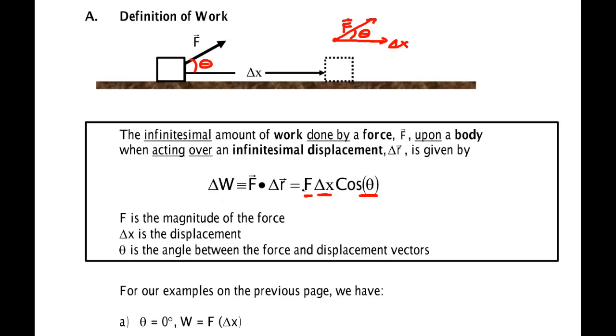Now, this special formula is actually a special case of what's called the dot product. So I've also written the dot product over here, which is the more general way to write it. It says take the vector F and dot it, which is a special type of multiplication operation, into the displacement. We talk more about the dot product in the math videos.